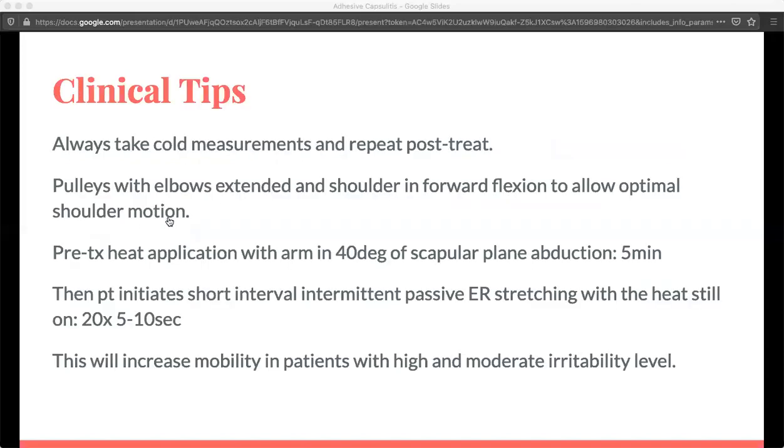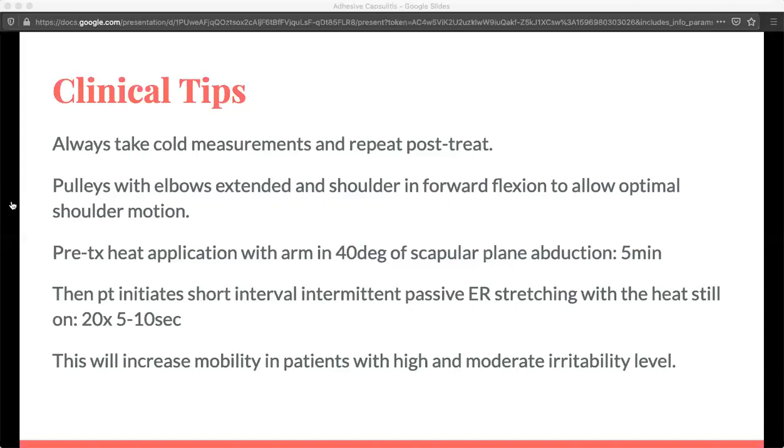All right, let's talk about some clinical tips. So little tricks that I use with my patients, okay? So first of all, I always take a pre and post-treat measure. So patient comes in, I put the hot pack on, have them do that little stretching, 30-second hold, do it for about 5-10 minutes, 30-second hold, 10-second off, 30-second hold, 10-second off, hot pack is on them.